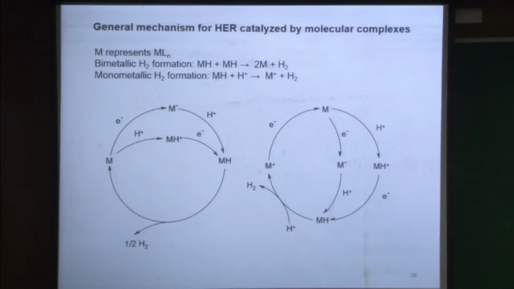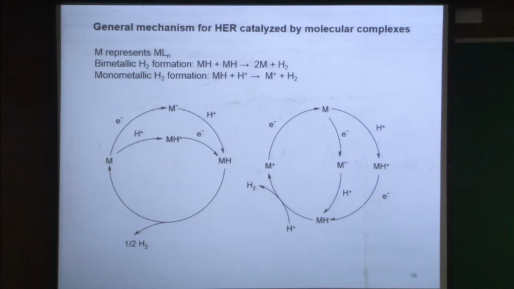Now, if we look at how these species can be generated in reality, I show you two catalytic cycles. We start from the first one. This is your species to make hydrogen, MH, and if you have two of them coming together, then you make H2, so we write it as one molecule making half a hydrogen. Now, to generate this MH from a catalyst, how do you do it?